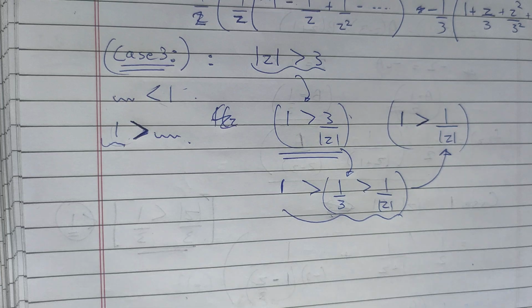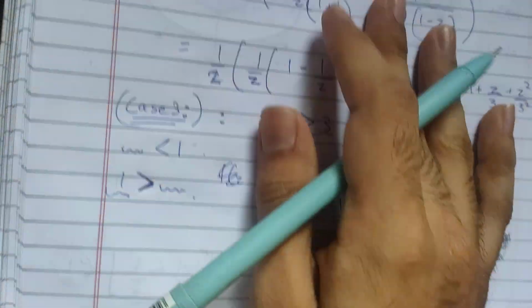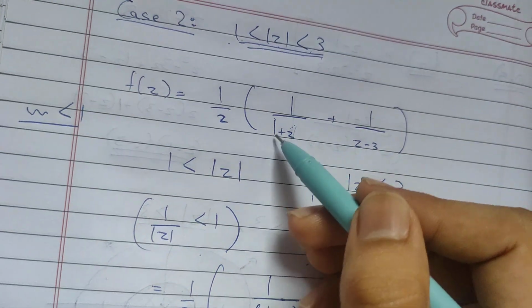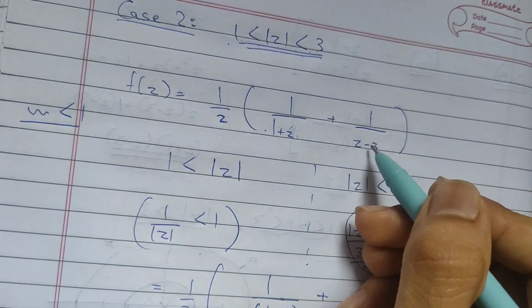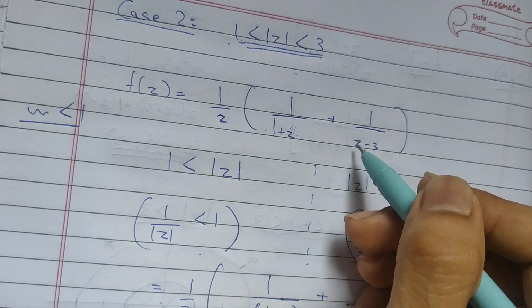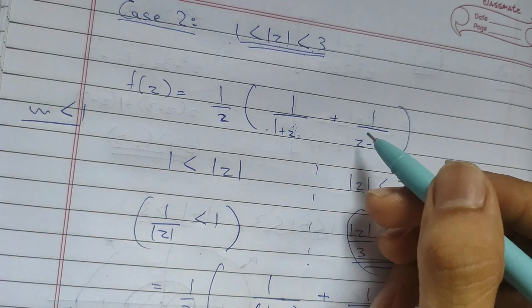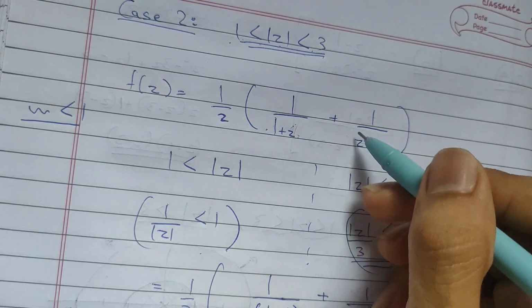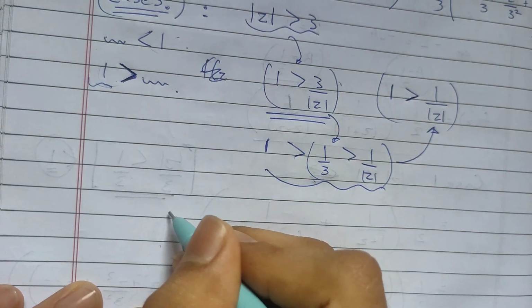Now our function. We need a 1 by z term and a 3 by z term. In order to get 1 by z in this function, we take z common out here, and over here we need to get 3 by z, so we need to take z common out here as well.